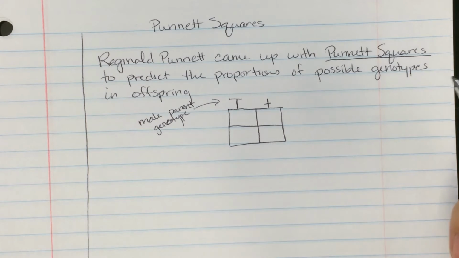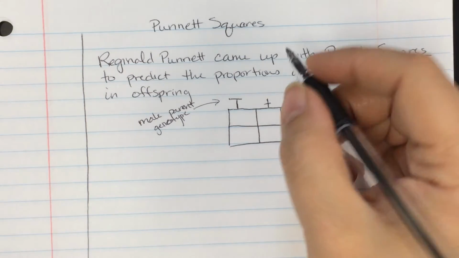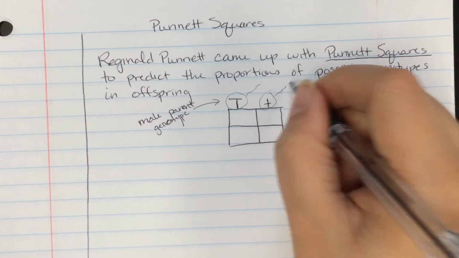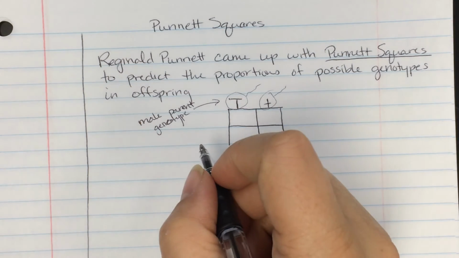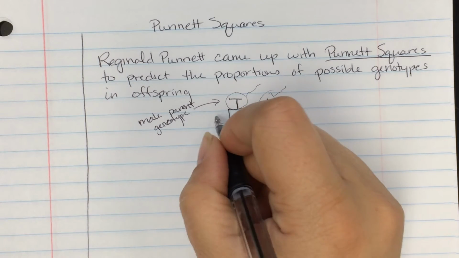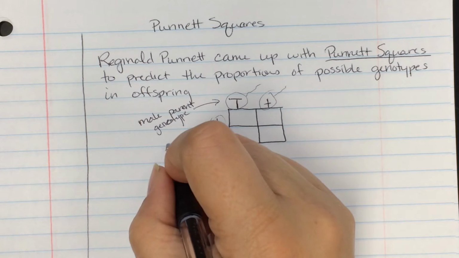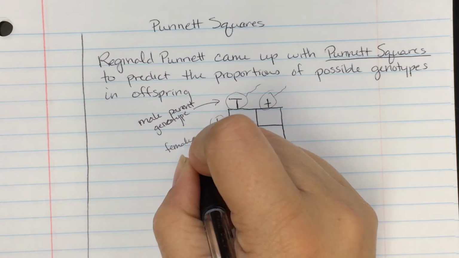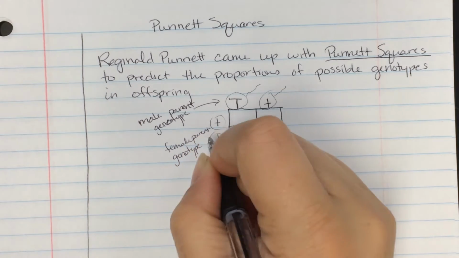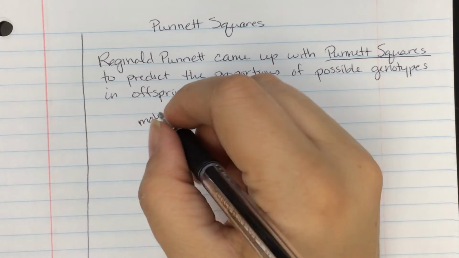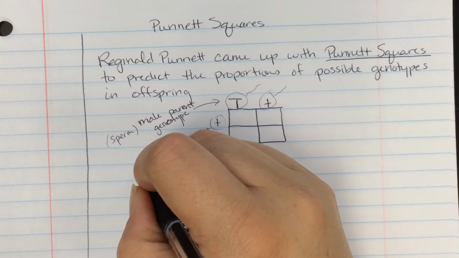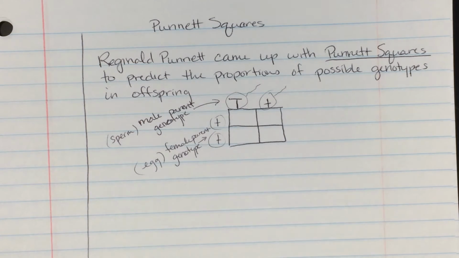So if it's a male parent with a female parent, this would actually be the sperm up here. So sometimes we can draw it with a little tail, so remember that's the sperm contributing to the offspring. And then we would do the female parent genotype down the side, and so those are usually the eggs. So male genotype, that's the sperm, if it's sexually reproducing, and then this would be the eggs down the side, the possibility.